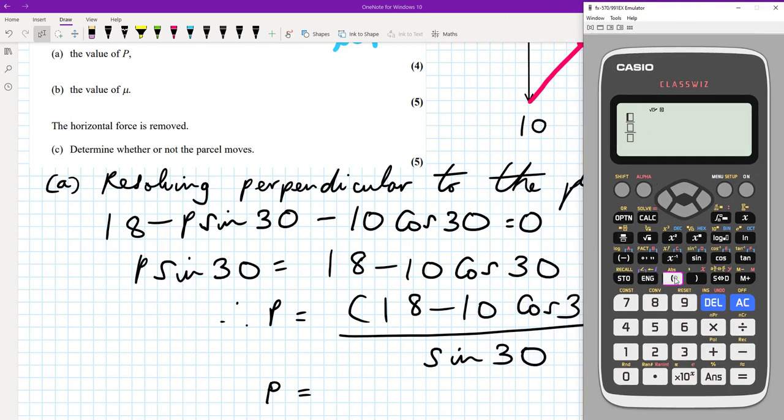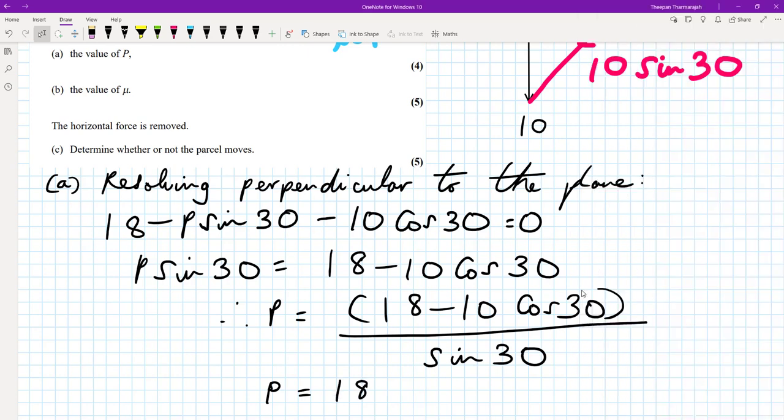So we've got 18 minus 10 cos 30 over sine 30, which is 18.7, correct to three significant figures, newtons.